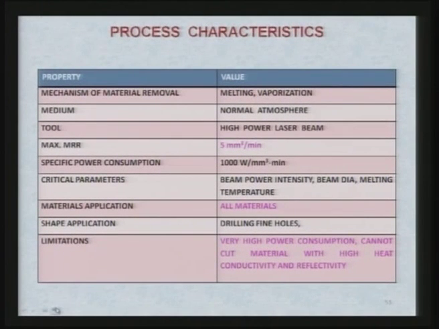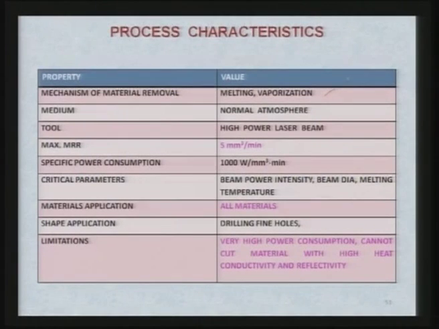Property of the process and process characteristics of laser beam micromachining. Mechanism of material removal remains the same as in case of macromachining, that is the melting and vaporization. Medium in case of laser beam micromachining is normal atmosphere, it does not require any vacuum in the machining zone as in case of electron beam micromachining.